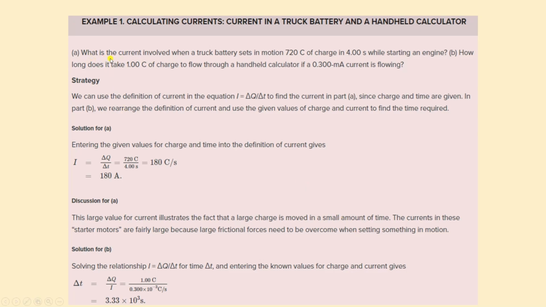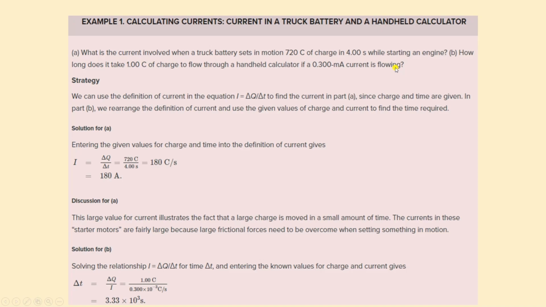What is the current involved when a truck battery sets in motion 720 coulomb of charge in 4 seconds while starting an engine? And the second part is, how long does it take 1 coulomb of charge to flow through a handheld calculator if a 0.3 milliampere current is flowing?